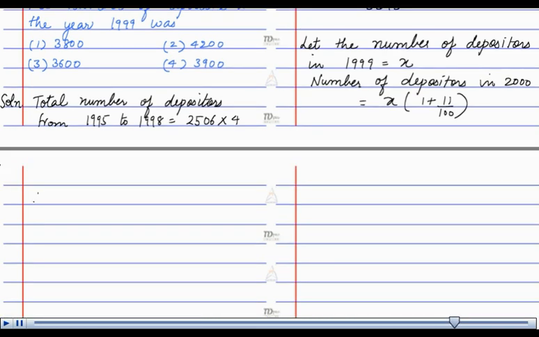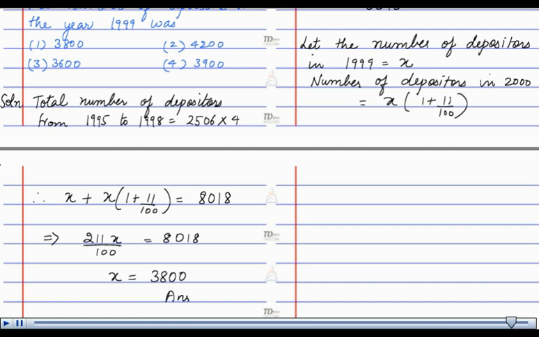Therefore, X plus X into 1 plus 11 by 100 is equal to 8018, which gives 211x upon 100 equal to 8018, which gives x as 3800. Hence, answer option number 1.